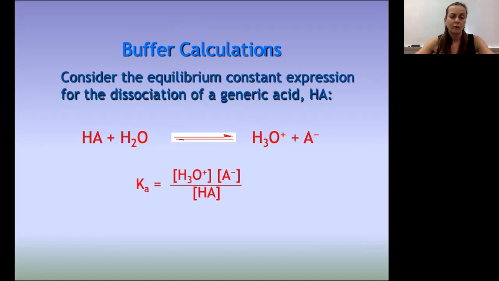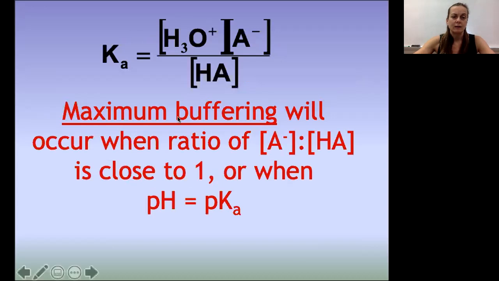And so if we want our pH to change as little as possible, we want the ratio of the conjugate base to the acid to be as close to 1 as possible, because we want as much conjugate base available to react with acid and as much acid available to react with conjugate base as possible.